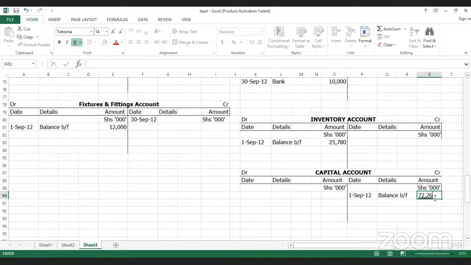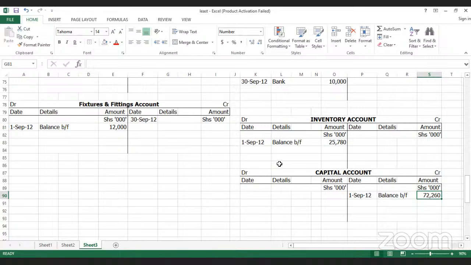Okay, thank you. That is your opening capital. We prepared the statement of affairs and we determined the opening capital of this business because it was missing. So we came up with 72,260,000 as the opening capital for that business.